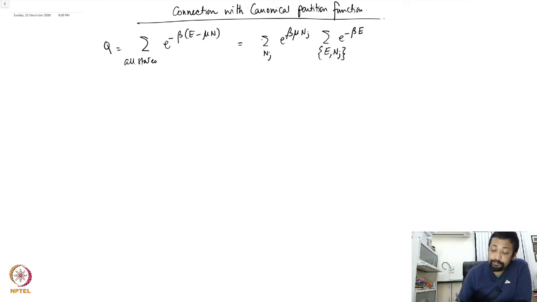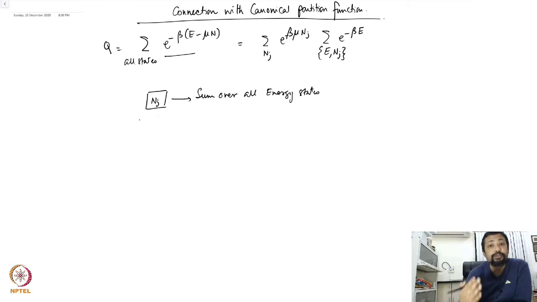So this sum I can split into two sums, right? What does this mean? That means I take a system with a fixed number of particles nj, and then I sum over all energy states, and once I have done this, the second step is to sum over all possible system sizes, which means you sum over the particle numbers.